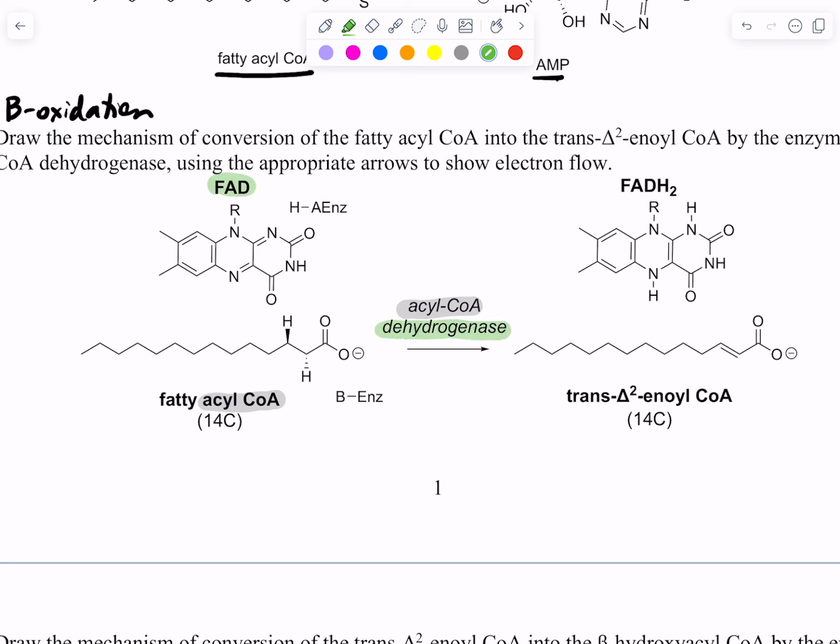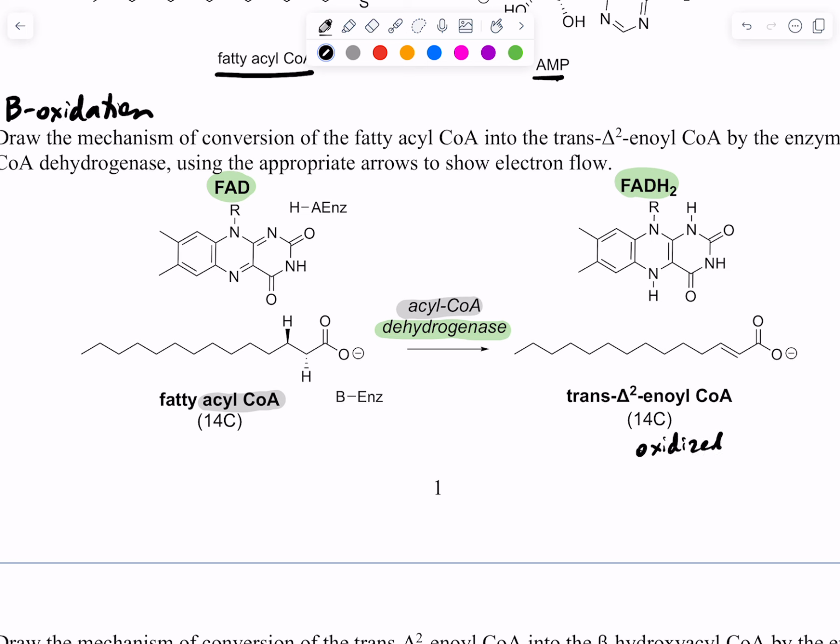You can tell it's an oxidation reaction because in the product you lose 2 CH bonds and you get a new pi bond. Oxidation of organic molecules is either removal of electrons, removal of CH bonds, or an increase in the number of carbon-heteroatom bonds. And in this process, the fatty acyl-CoA has been oxidized.